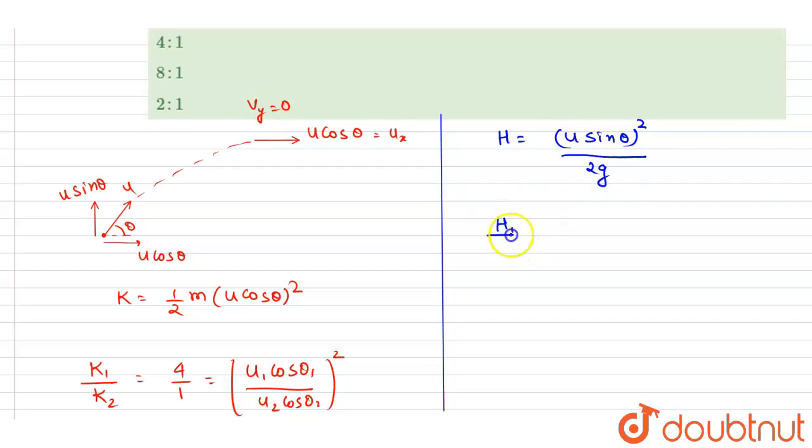It is said in the question that this value is 4 by 1. H1 by H2 is 4 by 1. Now if you see, this 2g will get cancelled out and you will get this.